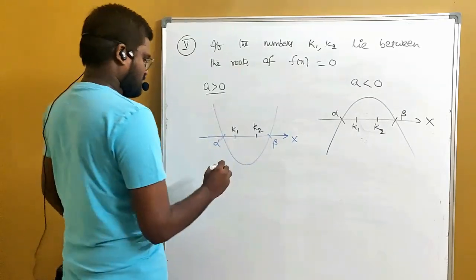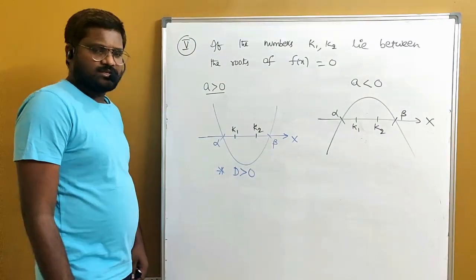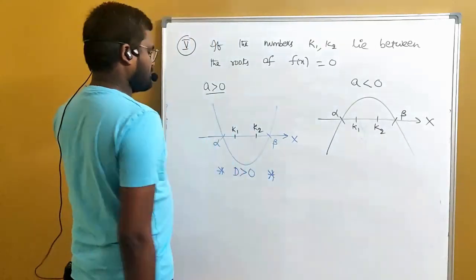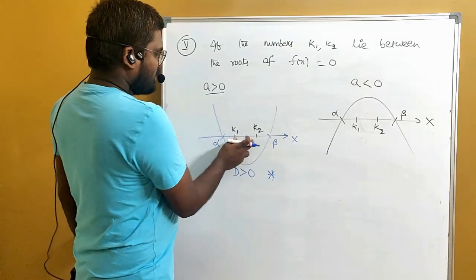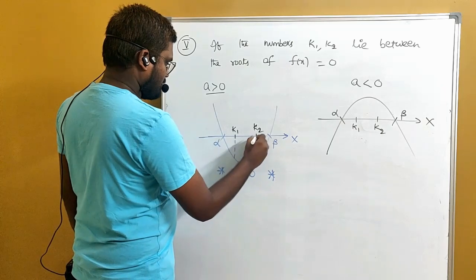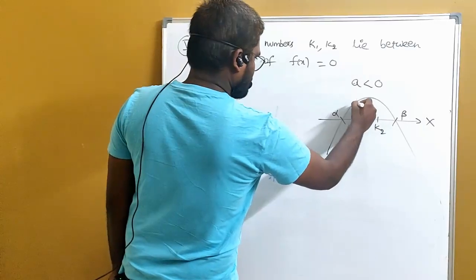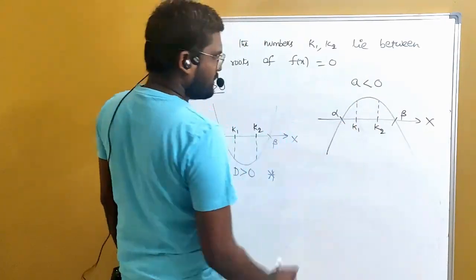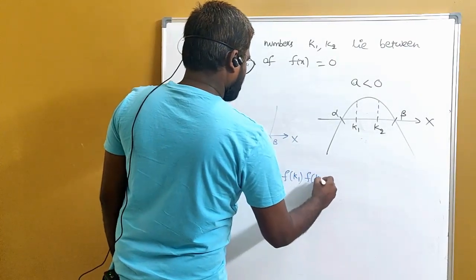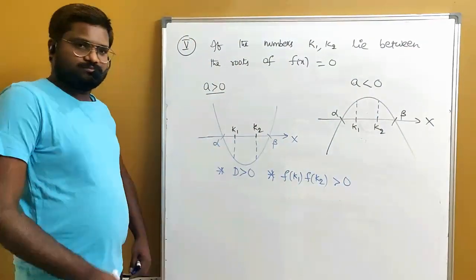Now based on this one, can we write down the restrictions? Yes, one is d greater than 0, obviously. What about the second restriction? k1, k2 both lie in this interval. Now if you observe, f of k1, f of k2 are having same sign, both are negative. In this case also, f of k1 and f of k2 are having same sign. So can I write it like this? f of k1 into f of k2 will be greater than 0.